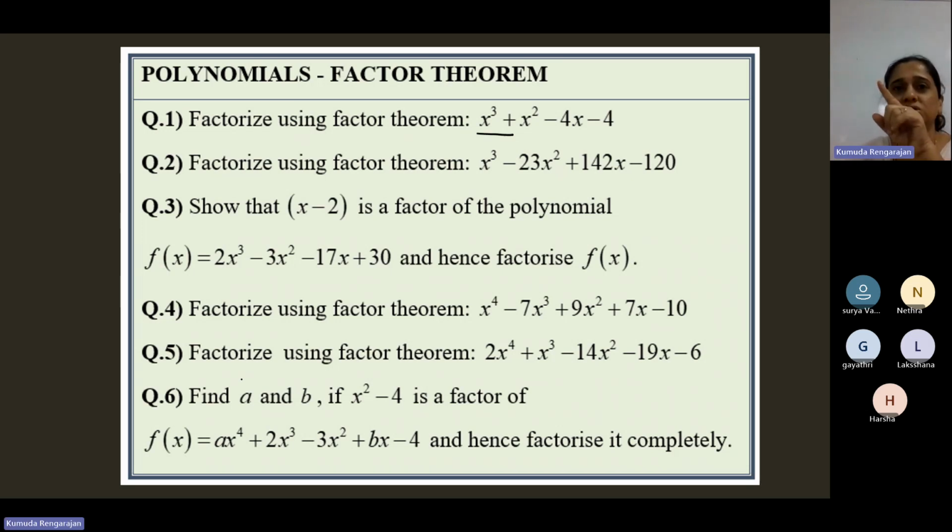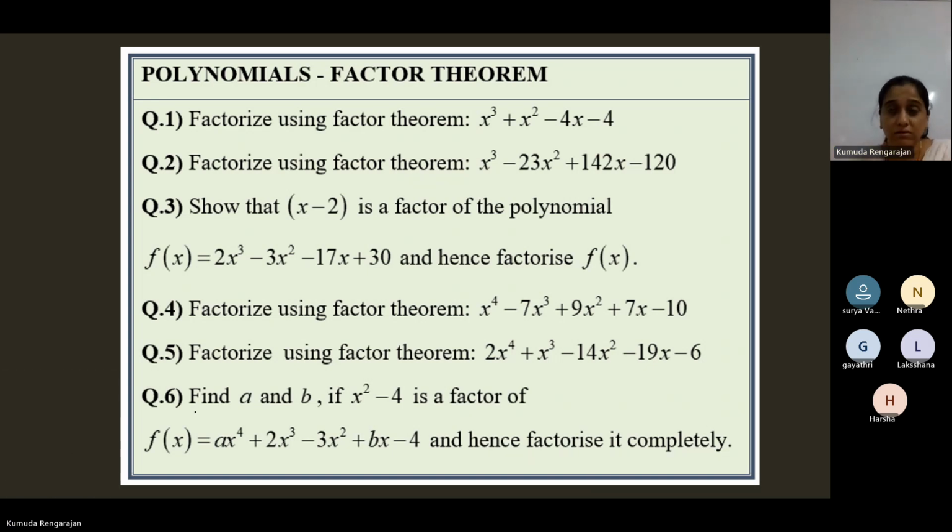We'll get a quadratic quotient. Factorize and get the remaining factors. The last one is a very important question. We've already done it. It's also in this presentation. And hence factorize it completely.